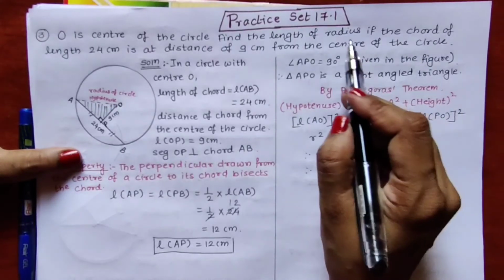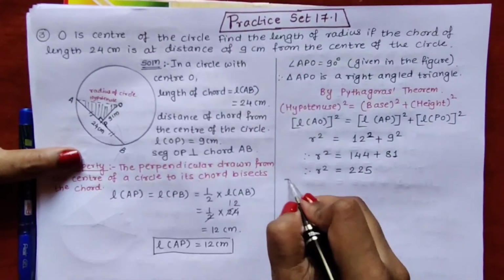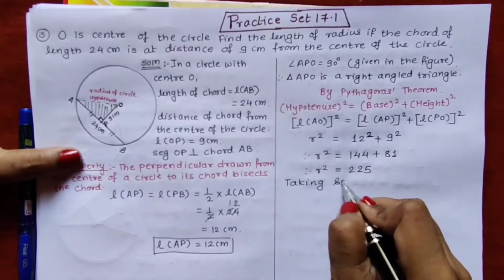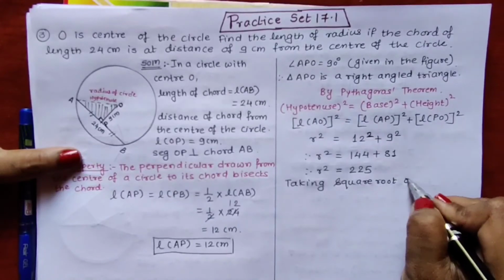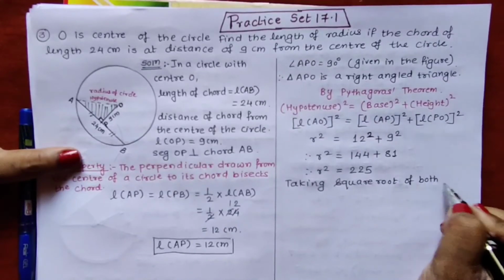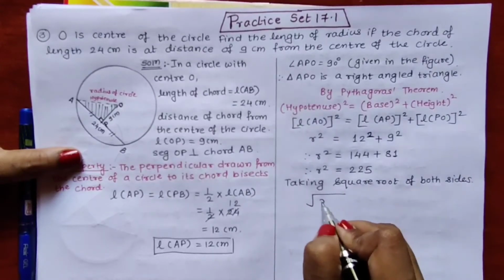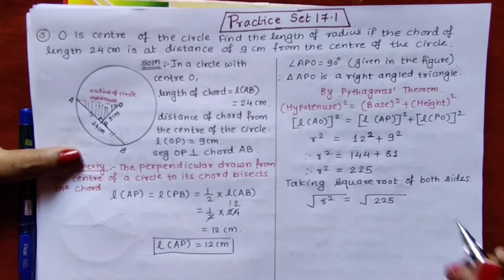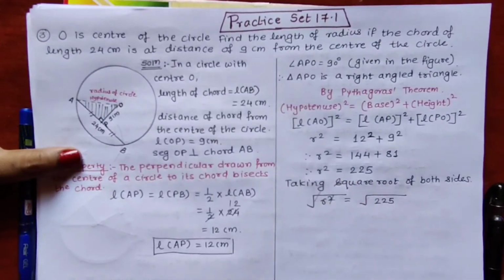We require only the radius of the circle, so we have to take the square root of both sides. Square root of R square is equal to square root of 225. Now see children, on the left hand side, R square and square root cancel each other.